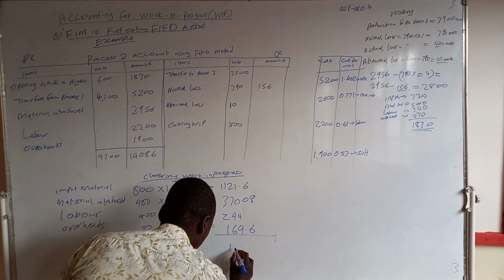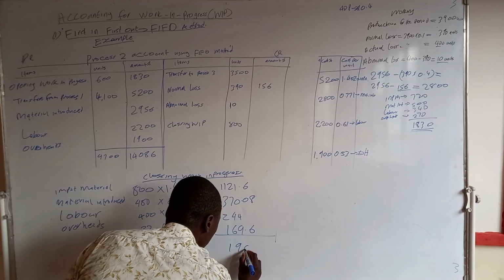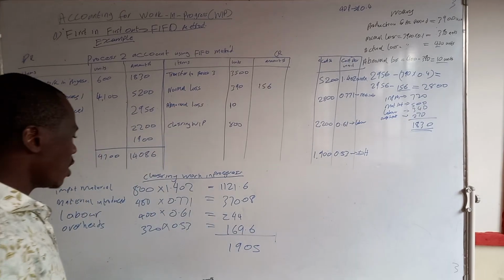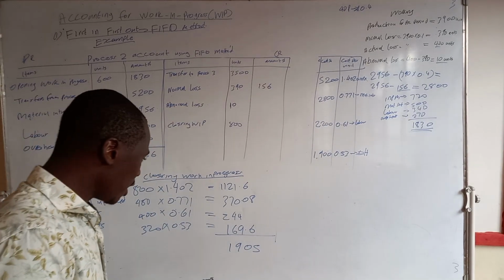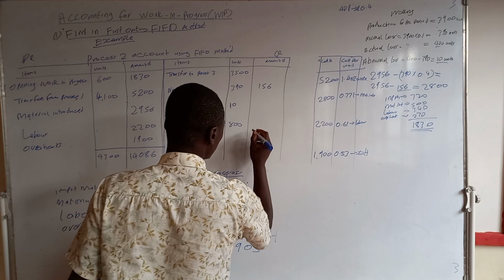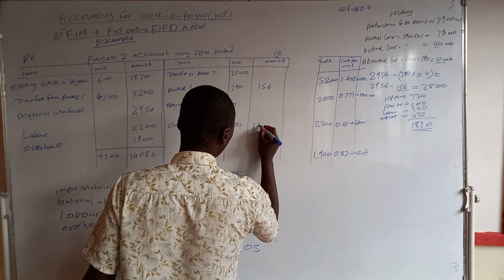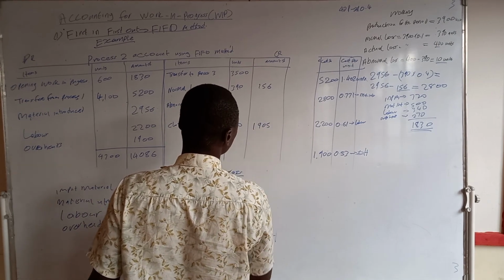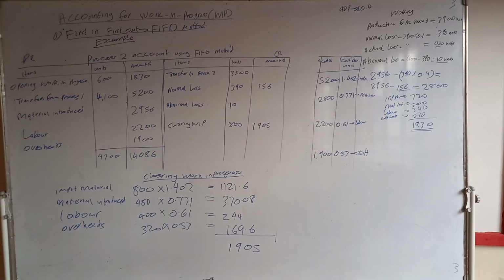That gives us 1,905. That becomes the cost of our closing work in progress. So our closing work in progress is 1,905. Okay?